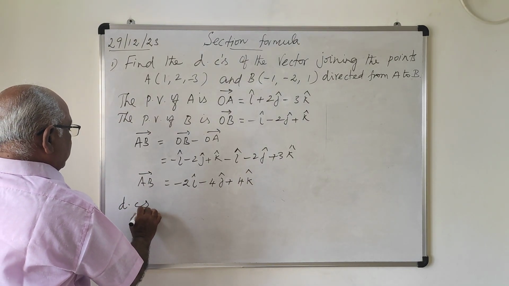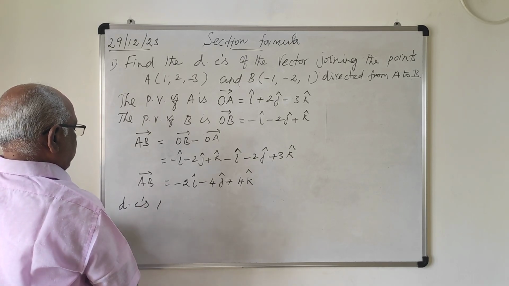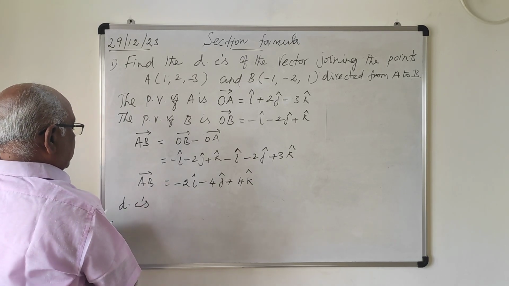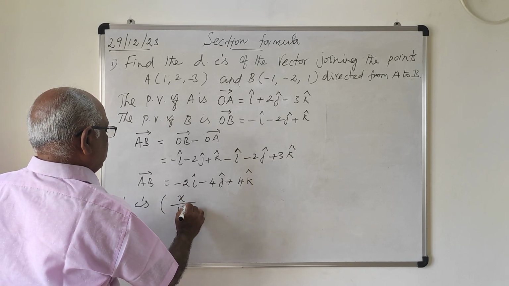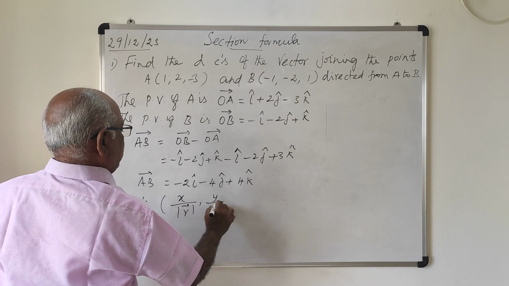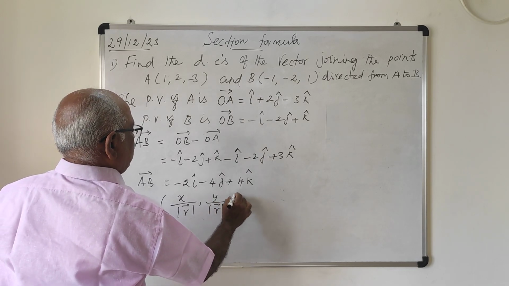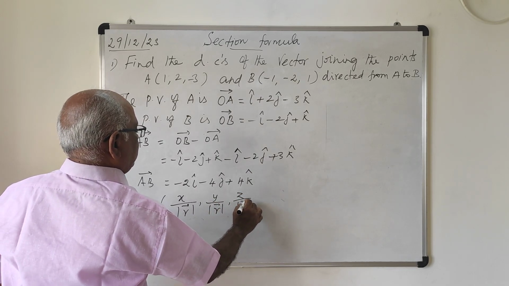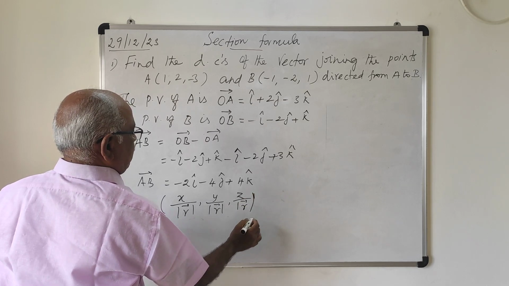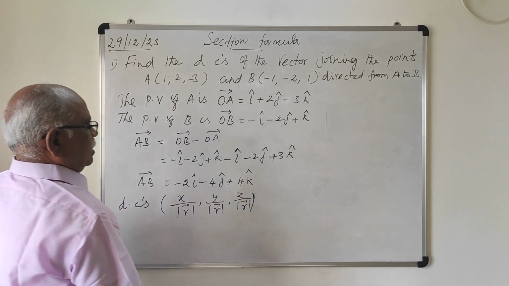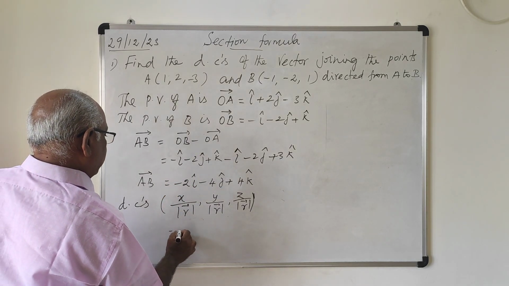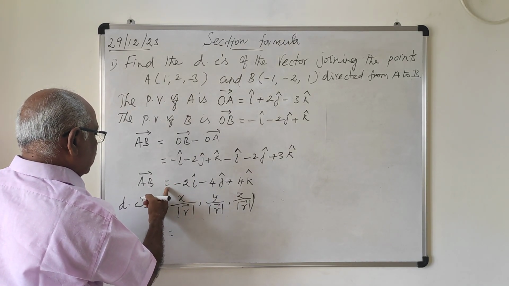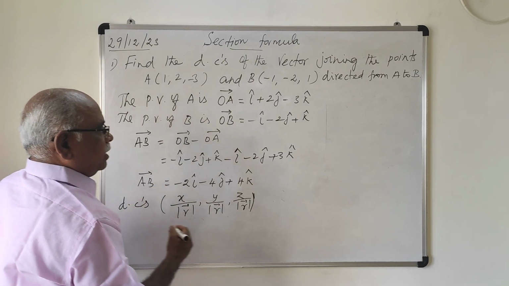The direction cosines of any vector are x by modulus of r, comma, y by modulus of r, comma, z by modulus of r. This is the formula for finding the direction cosines. Here x is the coefficient of i. Consider the AB vector as the r vector.